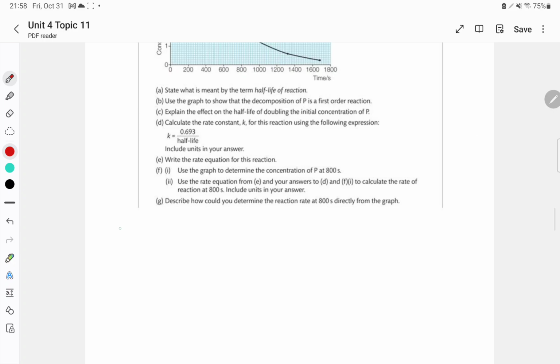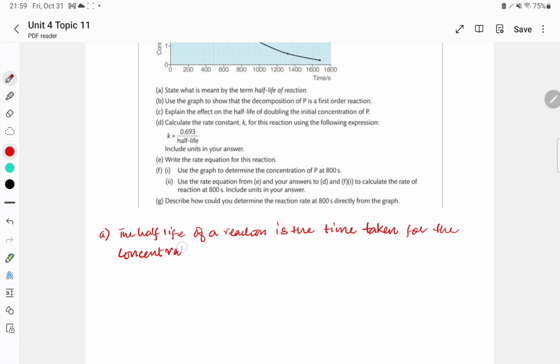If you are asked to write down the definition of half-life, the half-life of a reaction is the time taken for the concentration of a reactant to fall to half of its original value.